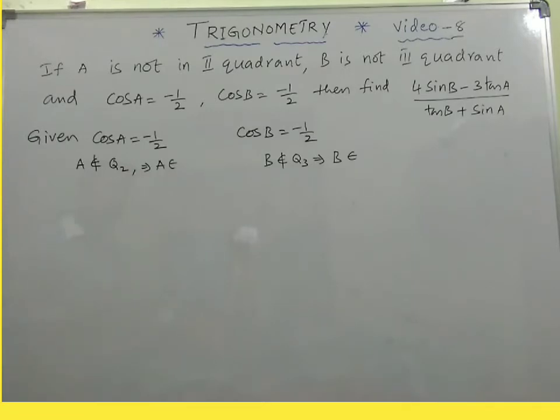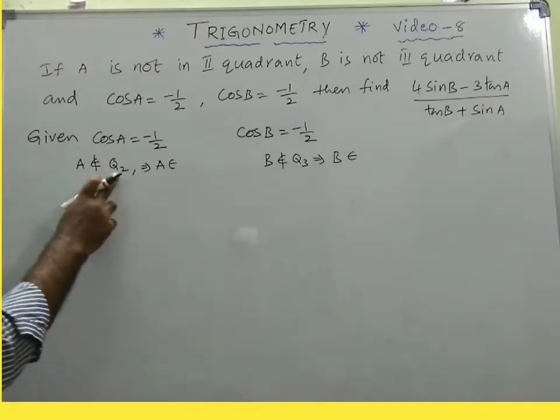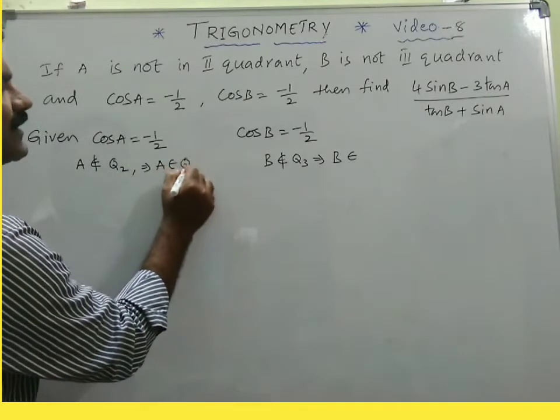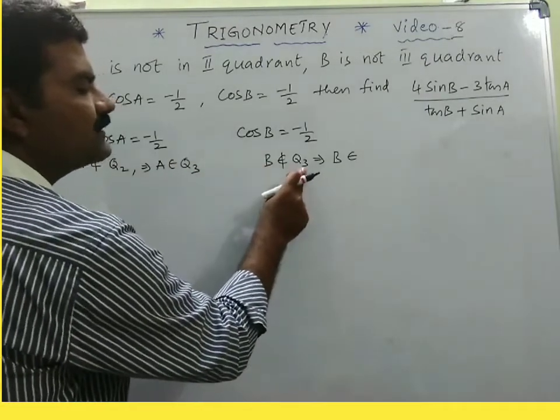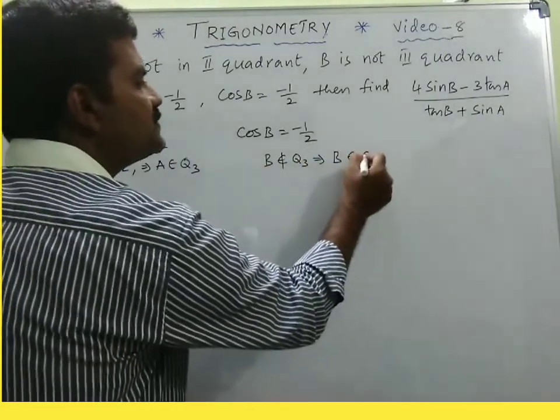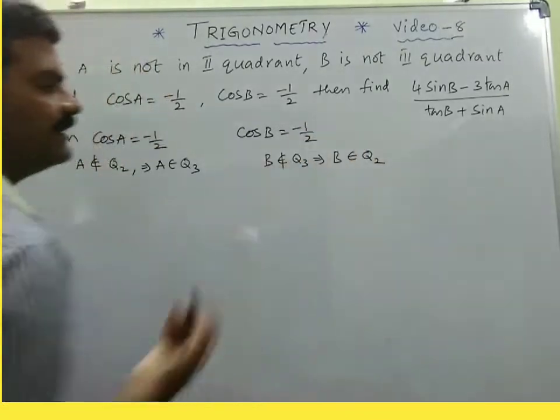Hence cos will be negative in the second and third quadrants. But here it is clearly given that A is not in the second, that means A belongs to the third quadrant, and B is not in the third quadrant, hence B belongs to the second quadrant.